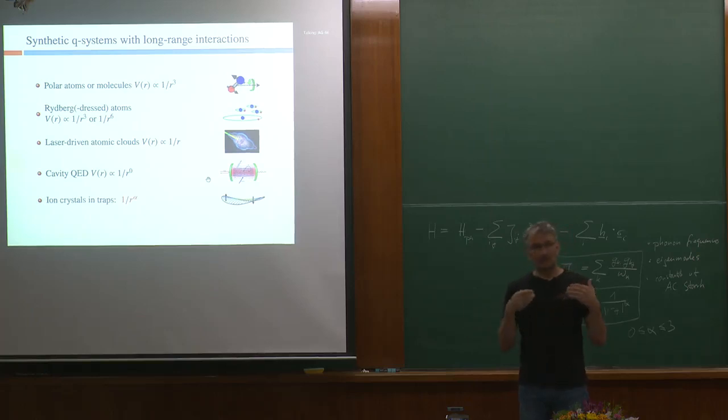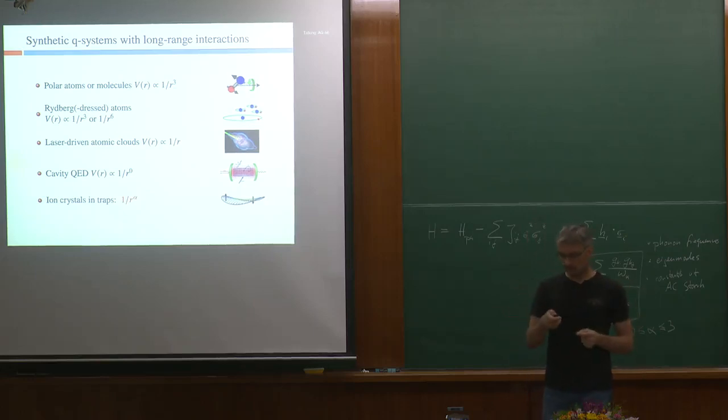And then, in the spirit similar to what I explained for the ion crystals, there are extended modes, in this case the same optical modes that are trapping the atoms, that will also mediate interactions between the atoms. So the spirit of the whole thing: you have extended modes, and you use these modes to induce interactions between the atoms, and because the modes are extended, the interactions are long range.